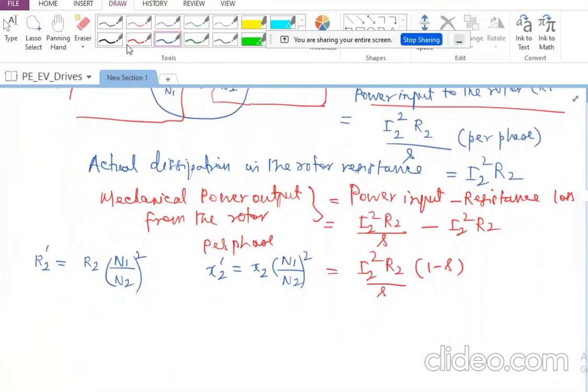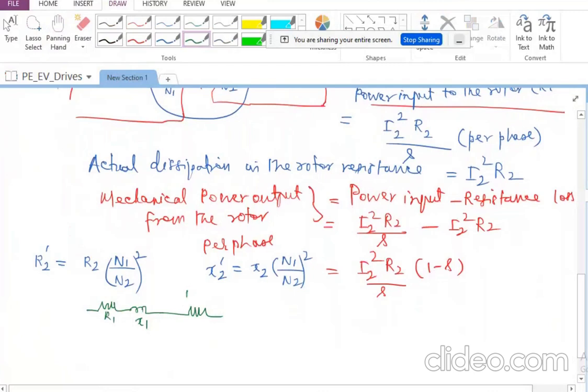So I can draw the equivalent circuit, approximate equivalent circuit somewhat like this. This is R1, this is X1, and this is going to be R2 dash divided by S, and it is varying, and I'm going to have X2 dash, and I'm going to have this entire thing supplied with V1, and let me call this as either I1 or I2 dash.